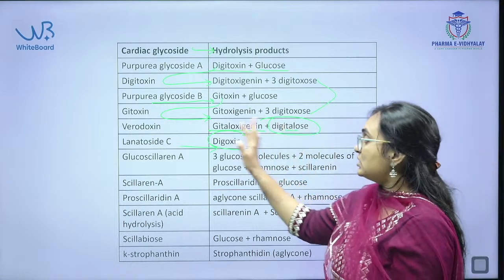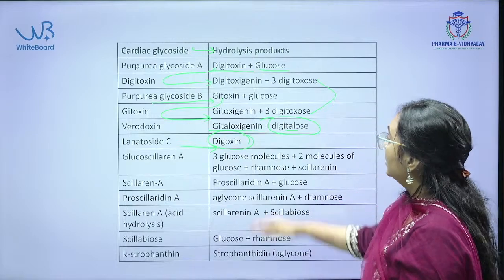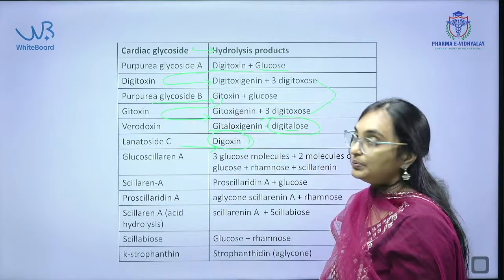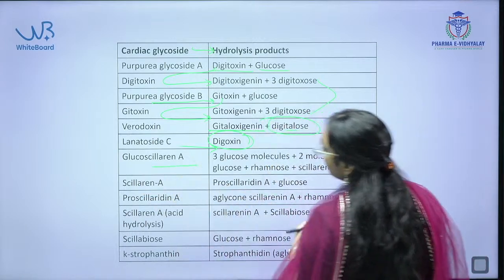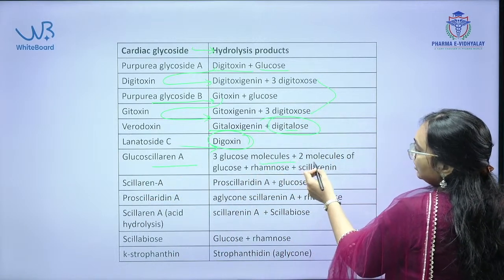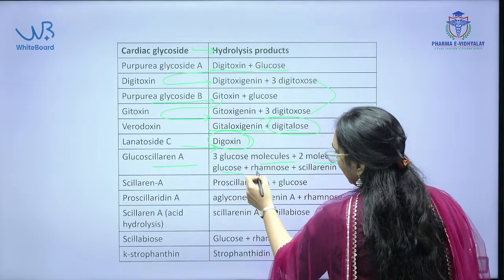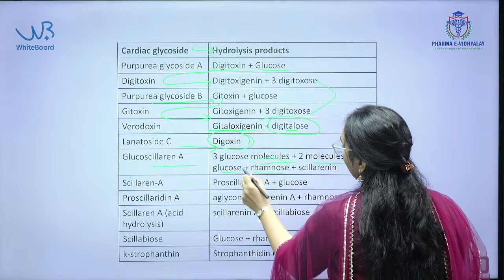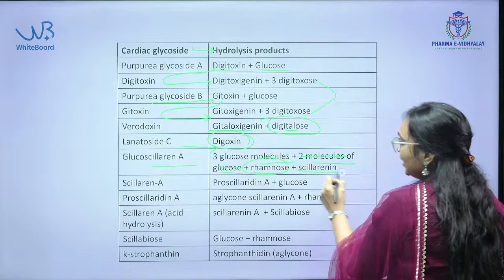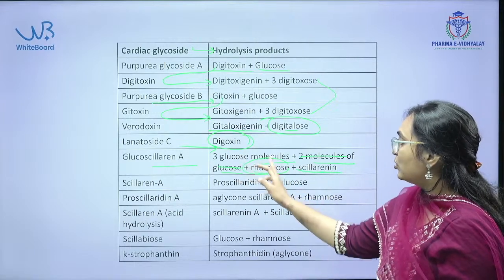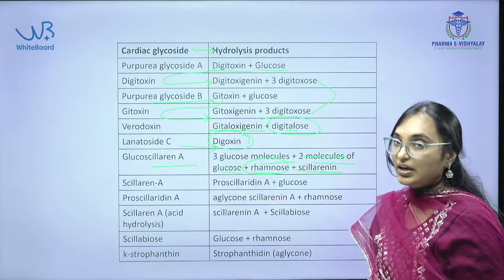See, digitalose is for viridoxin, digoxin is for lanatoside C, digitoxose is for digitoxin. Okay. Next, glucoscillaren A: 3 glucose molecules, 1 molecule of rhamnose, and scillarenin. Okay. 3 glucose molecules, rhamnose, and 1 molecule of scillarenin, it is glucoscillaren A.